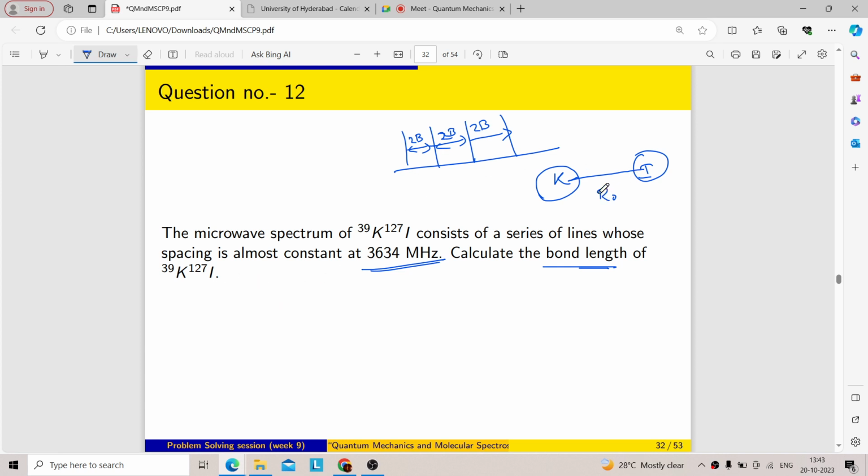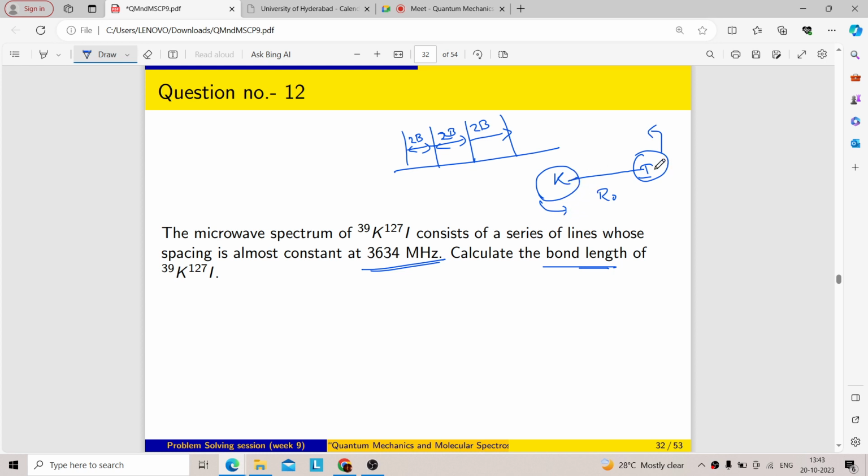Now what can I get from this kind of system? If it is a diatomic molecule, it will have rotational energy, right? So it will have a rotational spectrum.